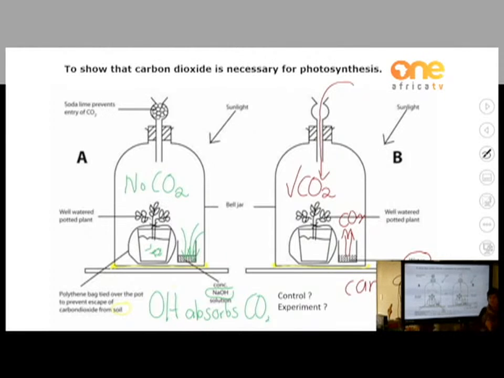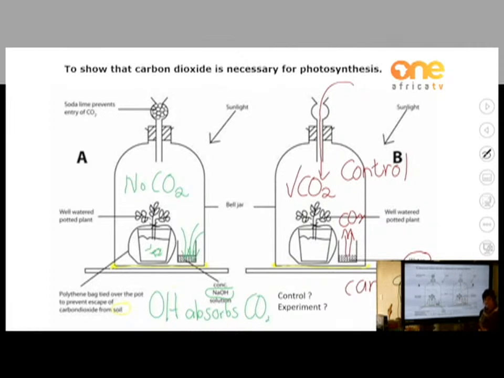According to our book, the control is then this one. Why do I think this is the control? Because all the necessary factors, even the one that is under investigation, are present here.